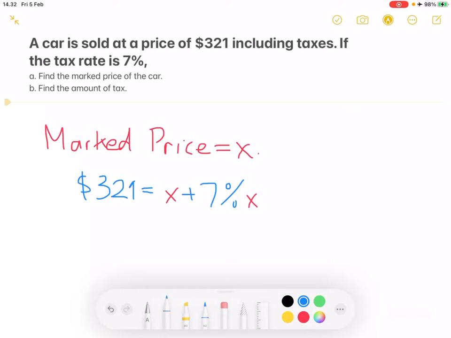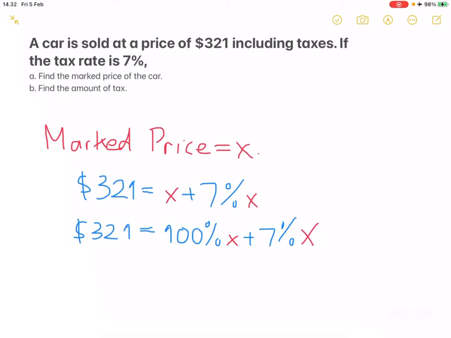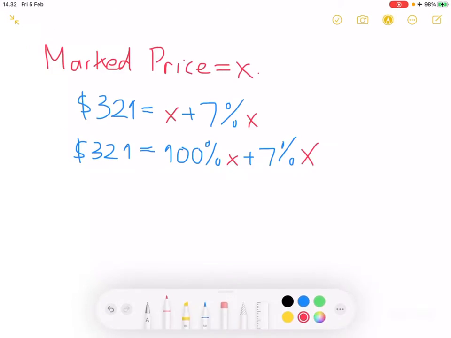Notice that we can rewrite this slightly differently by supposing the coefficient of X will be 100% of X. Notice that 100% is just 1, so I did not change the value of this expression. And notice we can just factor the X out.